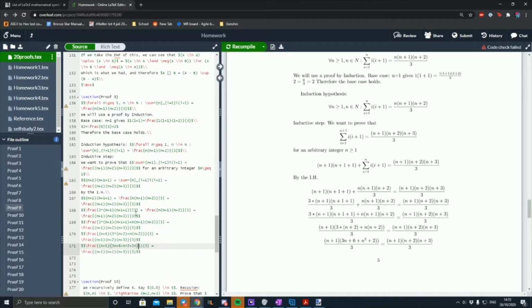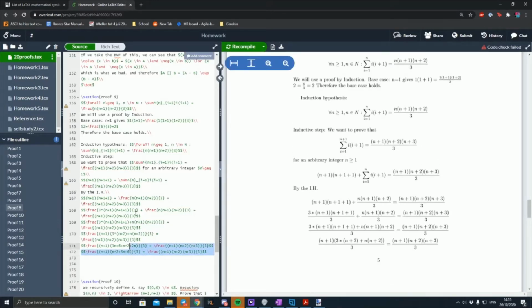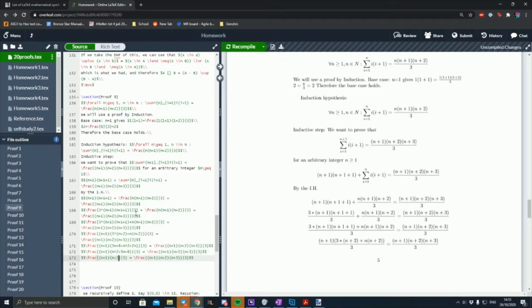I think this is still correct. And then we have n squared plus 5n plus 6, which, by making a table, you can easily see is equal to n plus 2 times n plus 3.